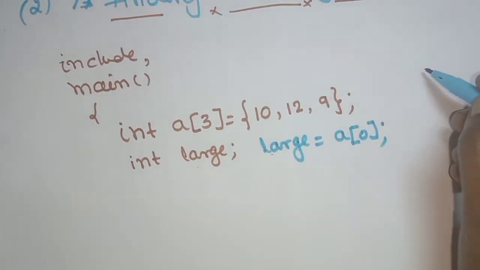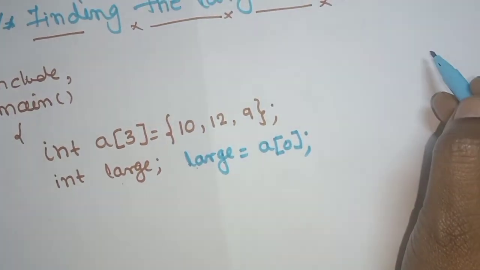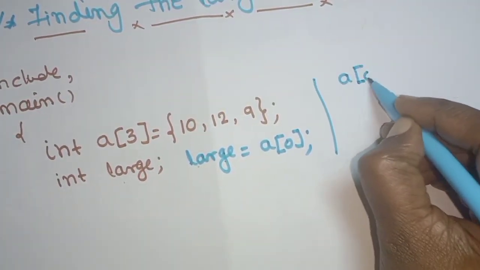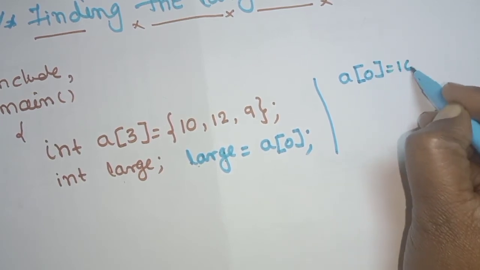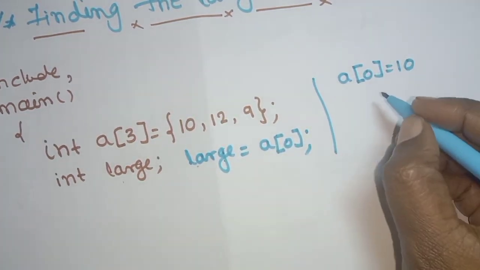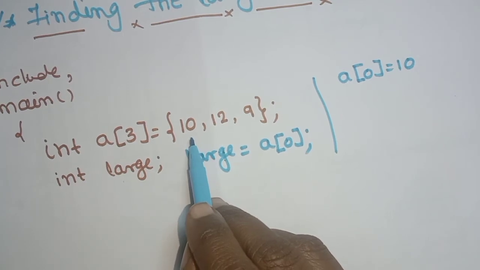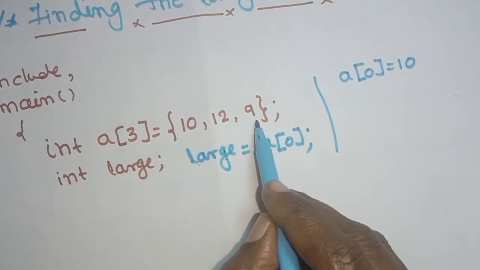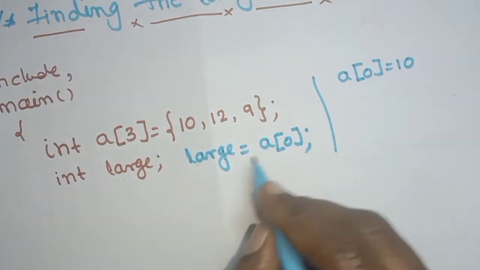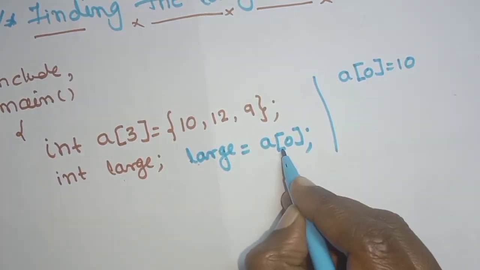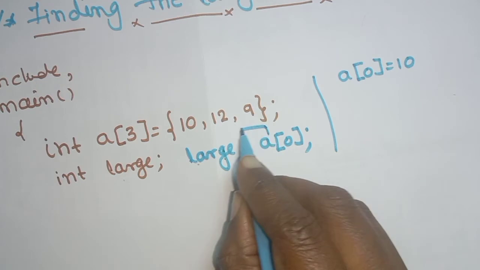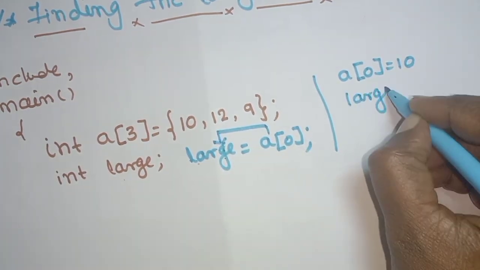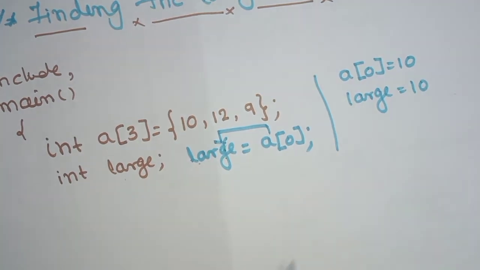That means a[0] is equal to 10, a[1] is 12, a[2] is 9. Now large is equal to a[0], which means the a[0] value is assigned to large. That means large is equal to 10.